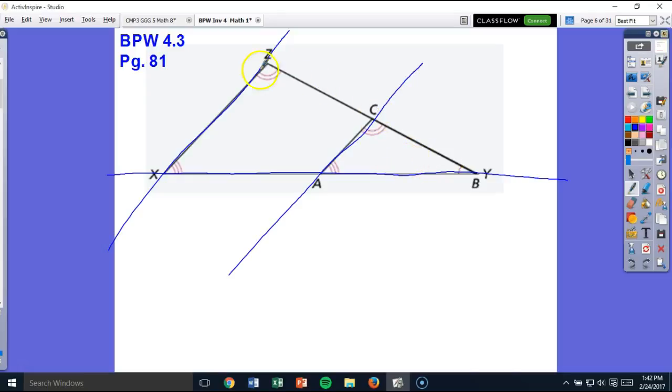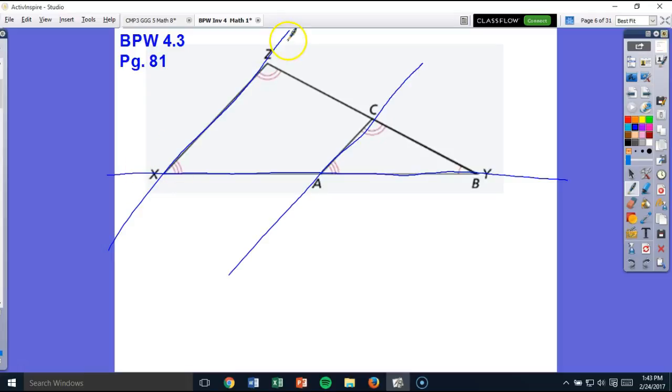If we look at angles C and Z, they look very, very similar, and also A and X look very similar. Well, we have these two lines here. Line AC and line XZ should be parallel lines if these are similar triangles.